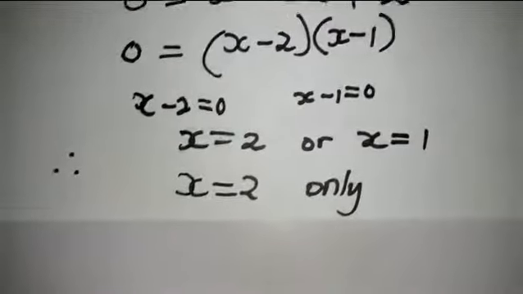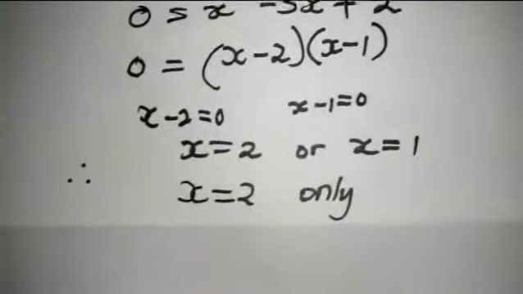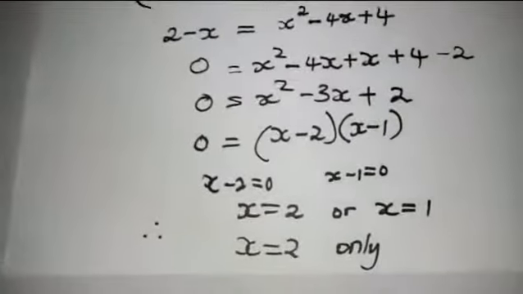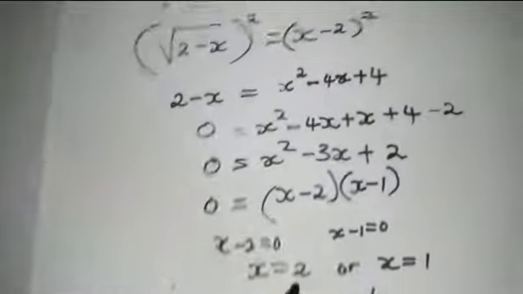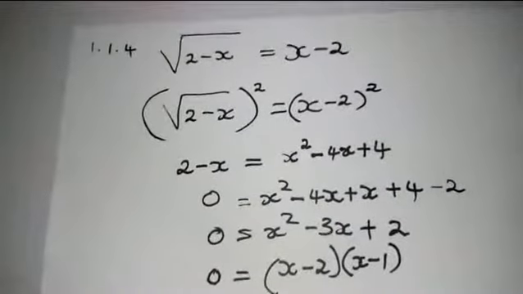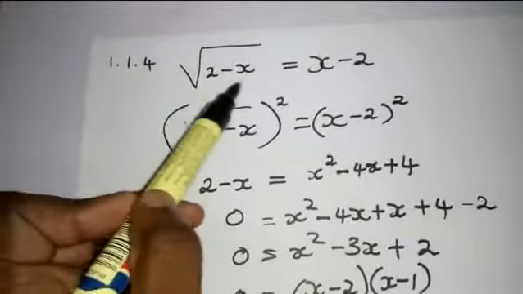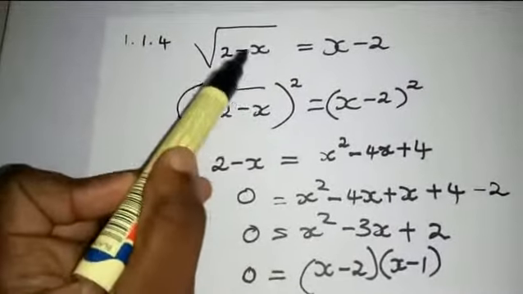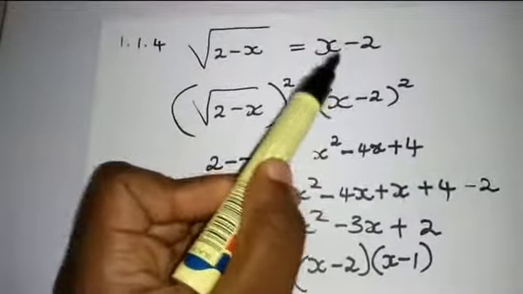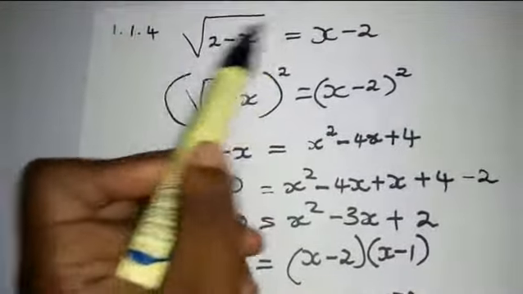But when you check this, for the first case, when you substitute 2 into the original equation, you get 0 on this side and 0 on the other side, so it agrees with the equation.